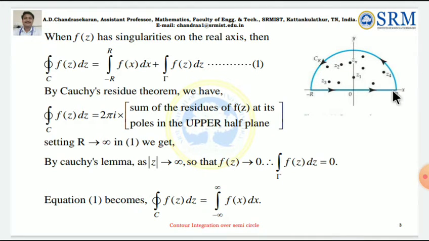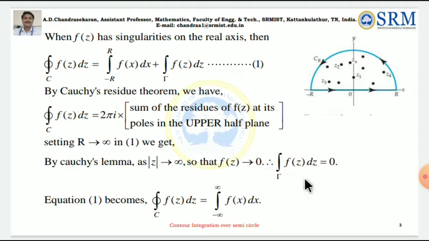Now as the radius tends to infinity, mod z on the upper half of the plane tends to infinity, so that f of z tends to 0. Once f of z tends to 0, the integral over gamma of f of z dz is equal to 0. This is by using Cauchy's lemma.